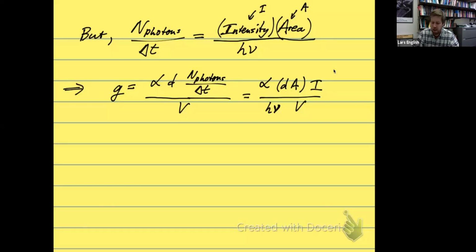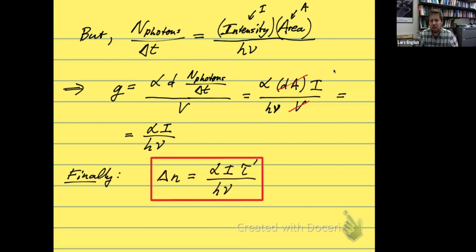That's nothing other than the volume of the crystal. And so that cancels out, and I'm really left with a fairly simple expression here, alpha times the intensity over h times nu, the frequency. So that's G.